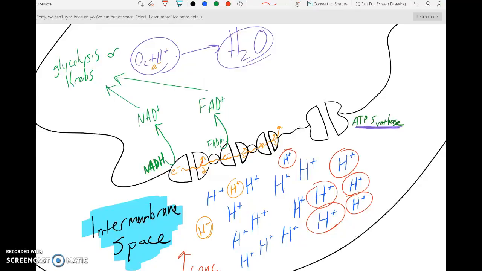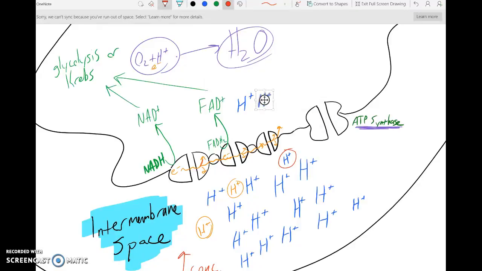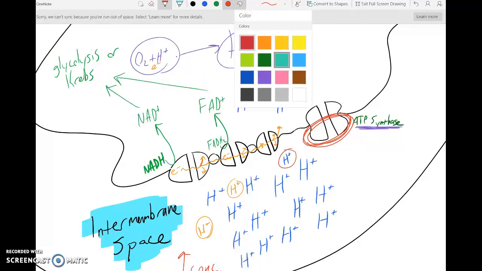So what's going to start to happen is these hydrogen ions are going to start moving across this ATP synthase. Now, as these hydrogens go through ATP synthase, it's going to start to spin.